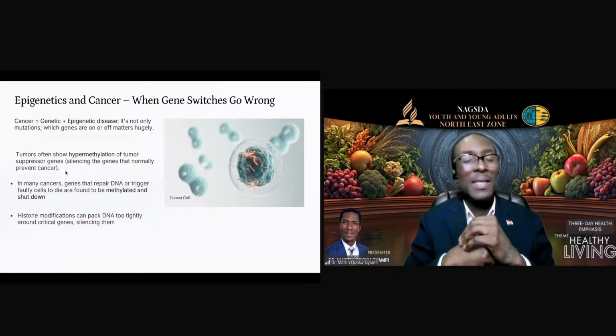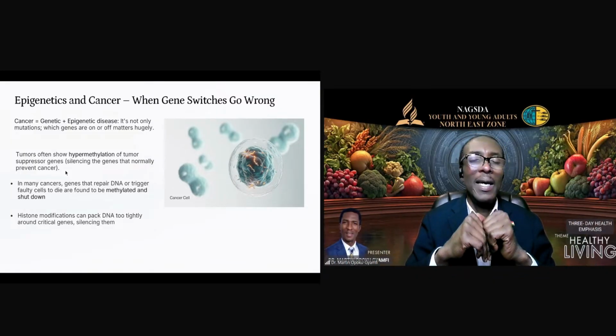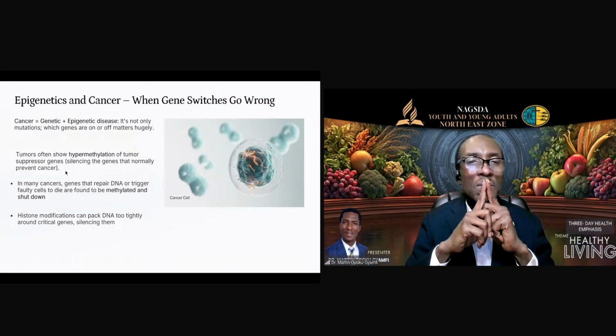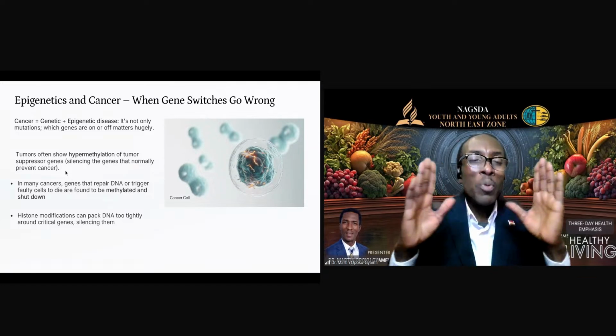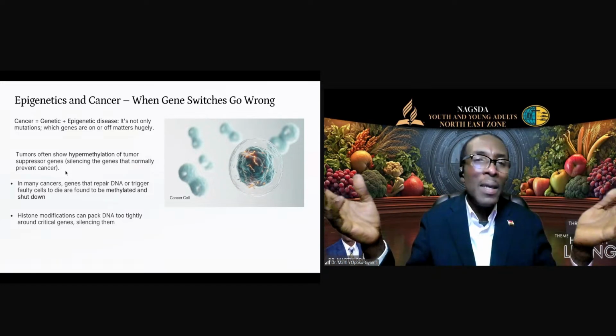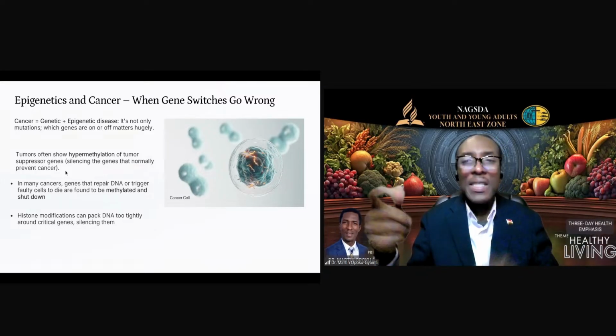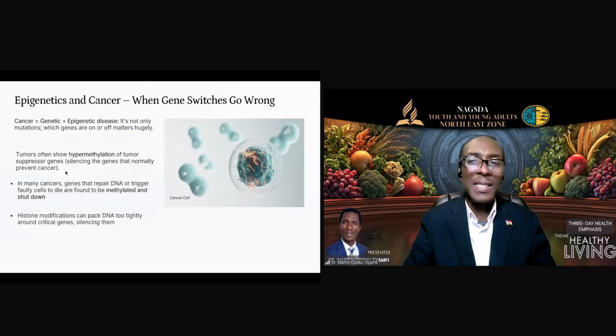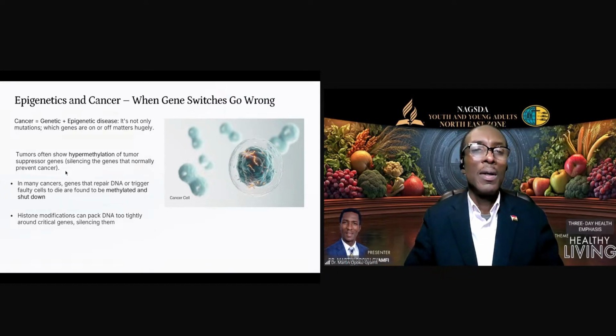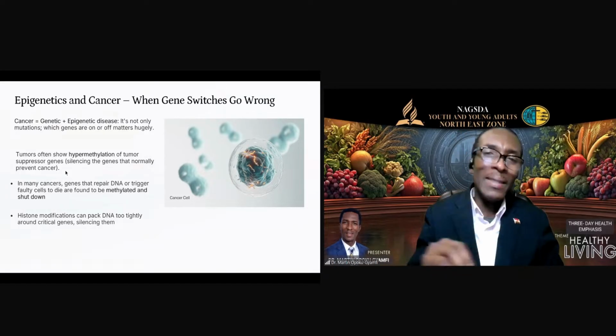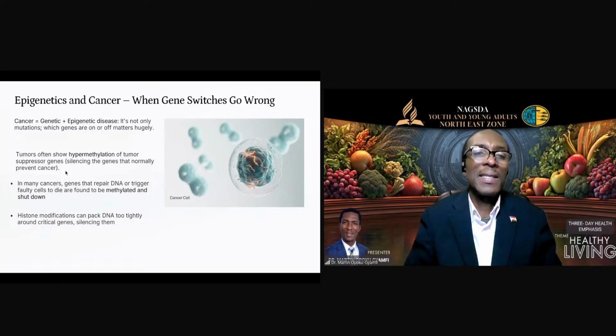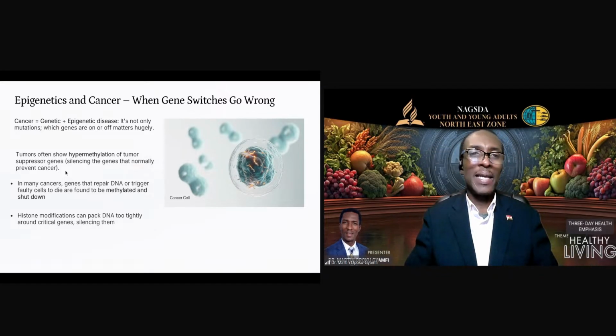They have machine guns, and then all of a sudden, somebody comes and takes the machine guns away from the soldiers and tells them to go home. So now your city is without protection. Any enemy can walk into the city and overrun the city and do whatever they want. That is how research is identifying that a lot of cancers are now, because epigenetics has silenced the protective gene that is called the tumor suppressor gene.